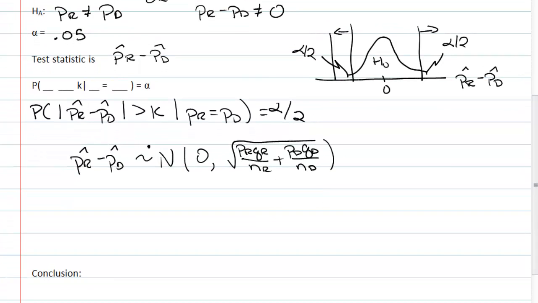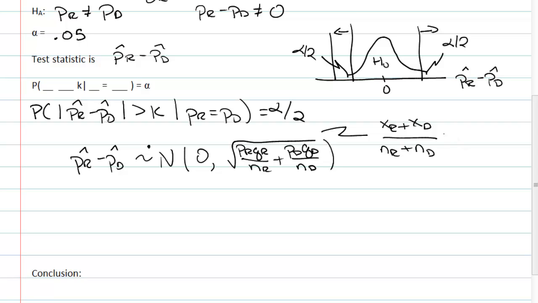One last thing that we need to note is that since under the null these proportions are equal, I need to get estimates of the proportion of Republicans, proportion of Democrats voting for the standard deviation. Common way to do that is under the null, since they're equal, I'll just average them together. So I'll take the number of Republicans voting plus the number of Democrats, and I'll divide that by the total number polled of Republicans and Democrats.